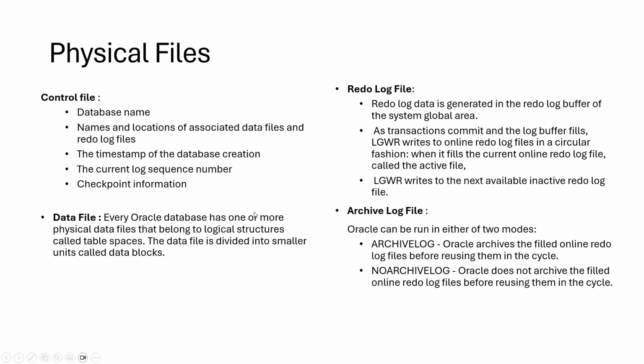every Oracle database has one or more physical data files that belong to a logical structure called tablespaces. The data file is divided into smaller units called data blocks. Tablespaces will have one or more data files. Logically, your data is stored in the tablespace, and from the tablespace it is stored in the data blocks.